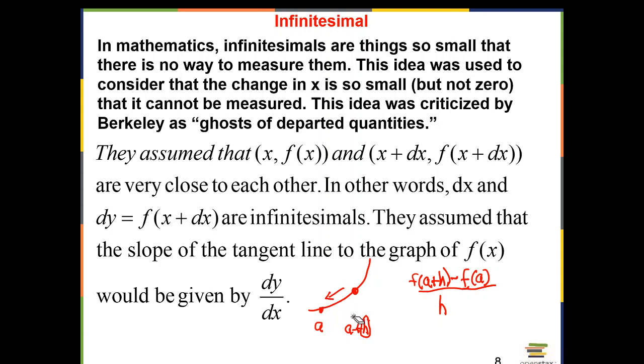Well, that idea didn't really make much sense to some people. This guy, Berkeley, criticized and made fun of mathematicians. He was a priest, so his question was, well, what is this number you're talking about, this dx number? What is it?